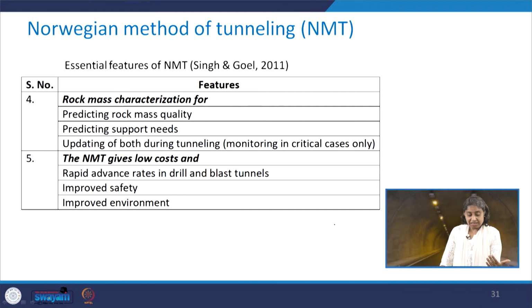Another essential feature of the Norwegian method of tunneling is that rock mass characterization is for the prediction of rock mass quality and also for the support needs. And in case there are critical cases, continuous monitoring is done, and therefore even during the tunneling, both rock mass quality and the required support system may be updated based upon those monitoring results.